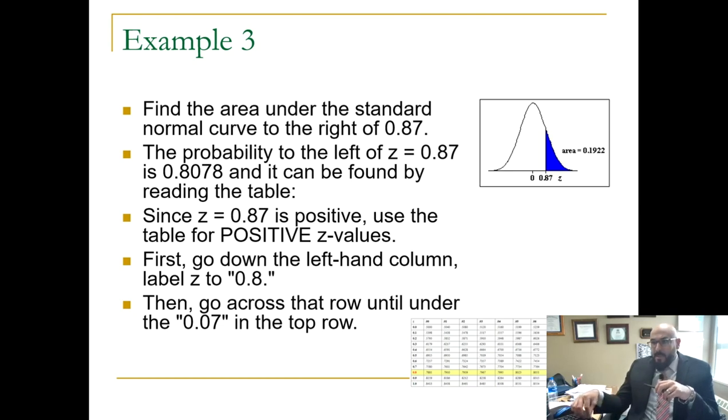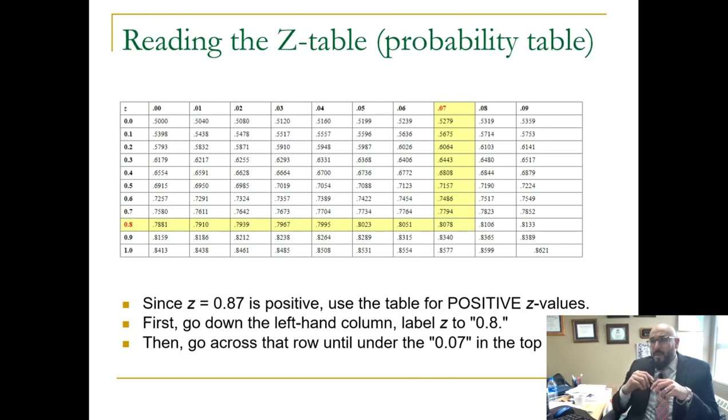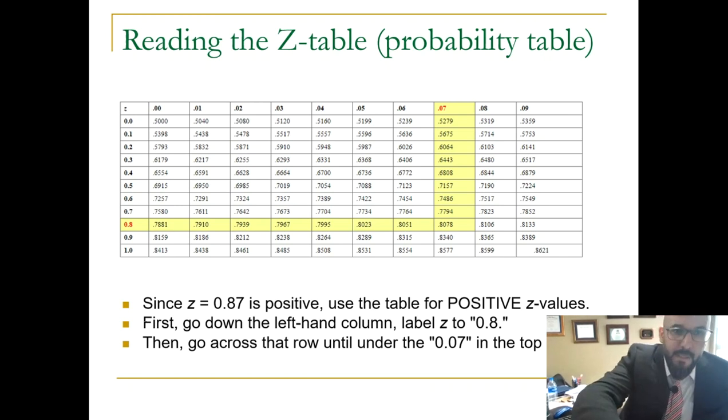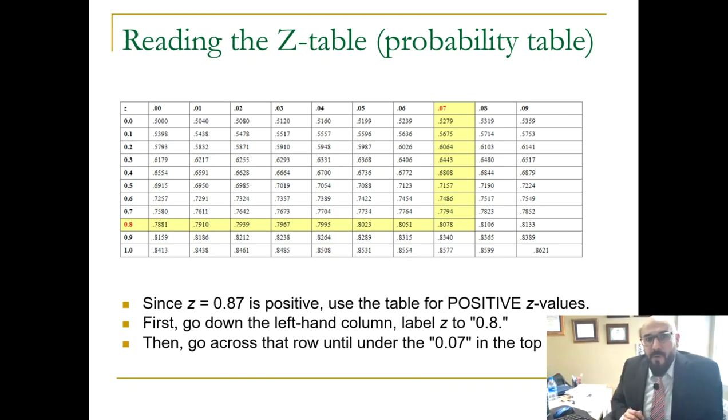Let's take a closer look at the table. We know the z-score is z equal to 0.87. For the probability based on the table, go to the positive side, go to 0.8 and 0.07, and that gives you the probability for the area to the left, 0.8078.